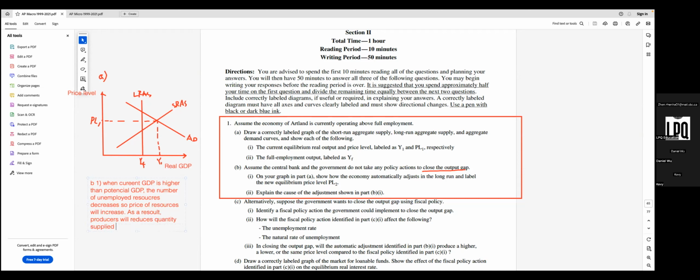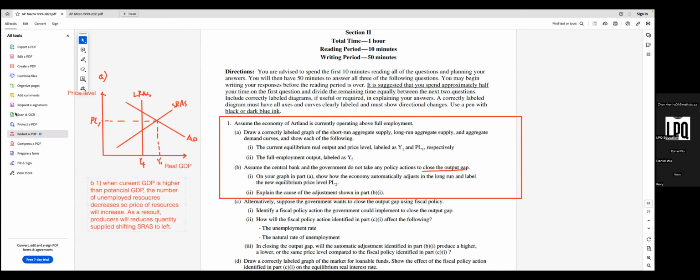We reduce the quantity supplied, graphically, so it finally shifts short run AS to the left. And that is how to do B number two, how to explain.